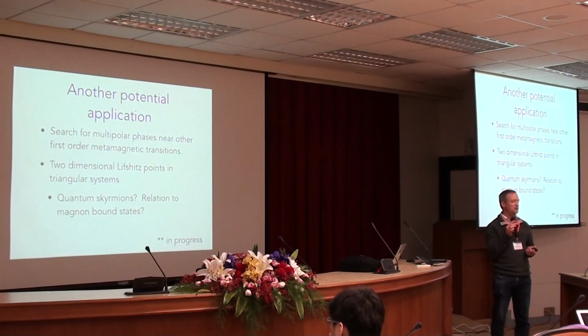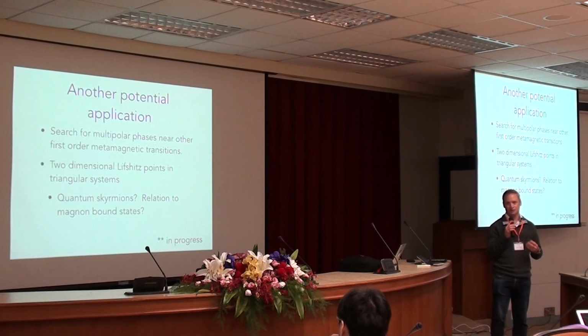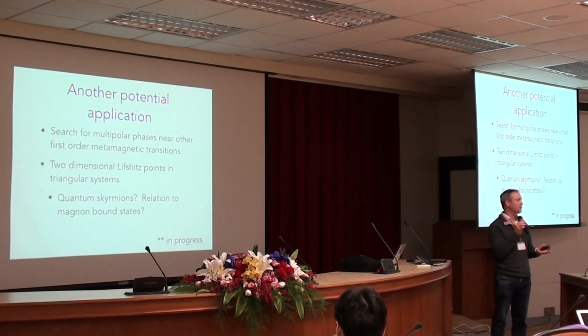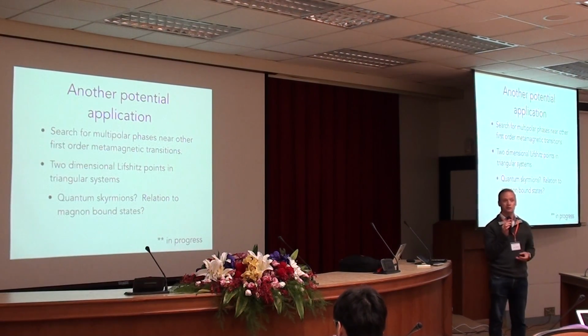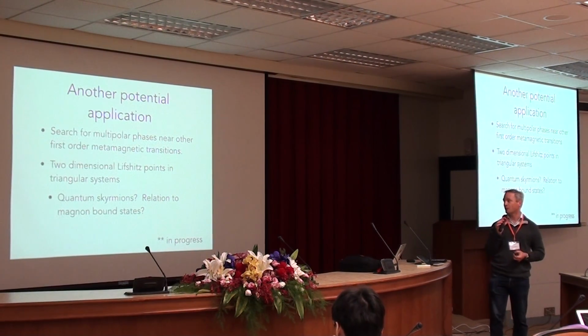Another interesting application that I just feel like I should mention, we're working on it now, is to think for other systems where there might be naturally forming bound states of magnons. And one class of systems that are really interesting right now are these skyrmion states in non-centrosymmetric or frustrated ferromagnetic systems.